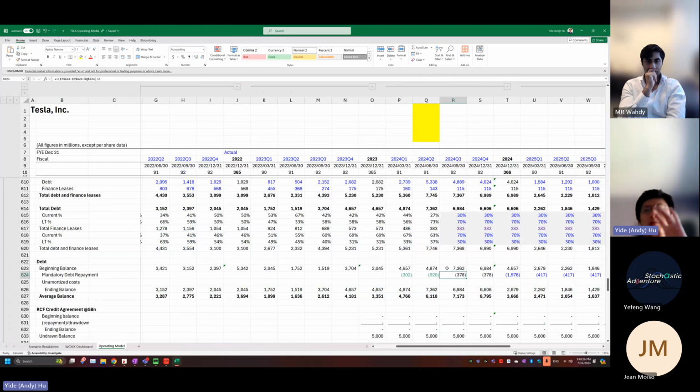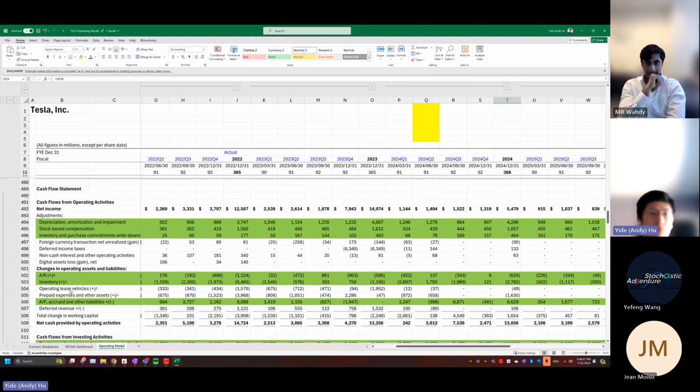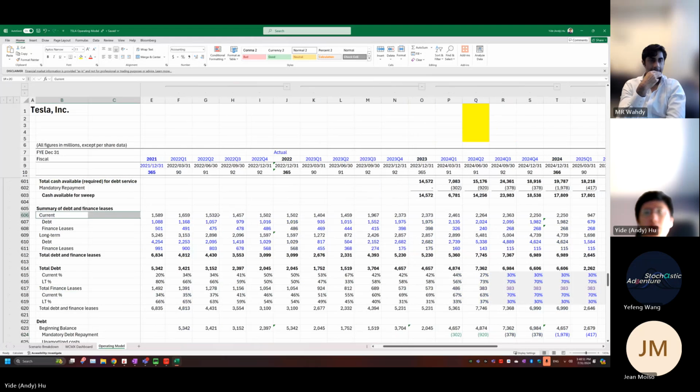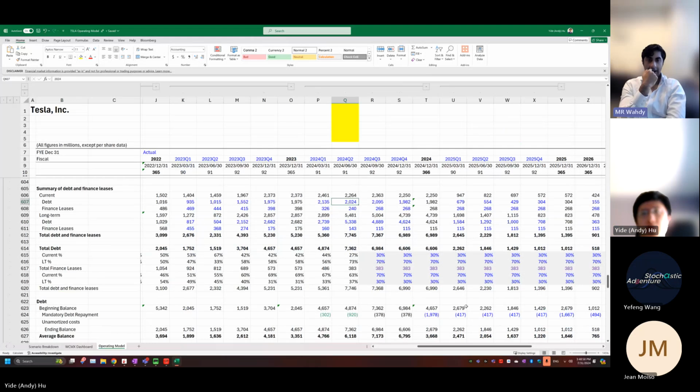In the mandatory debt repayment, these two numbers come from the cash flow statement. That's what they already paid. 1978 is something that's due this year under the 10K. This number is a little bit different from what they have on the current portion.